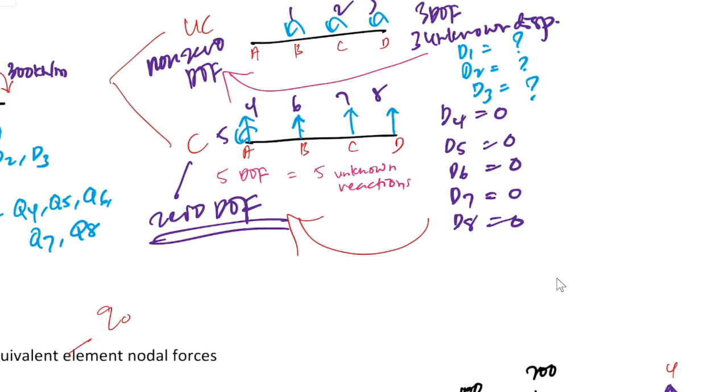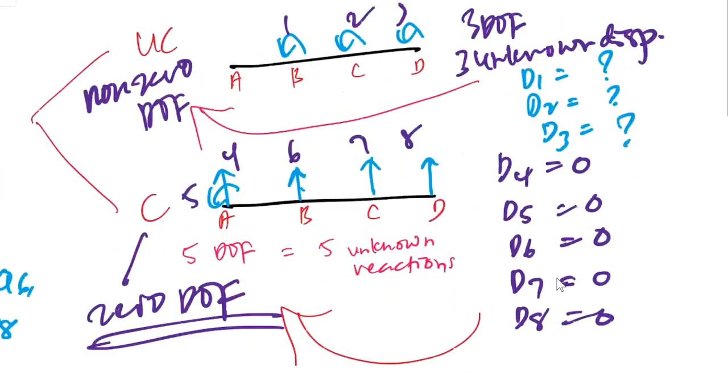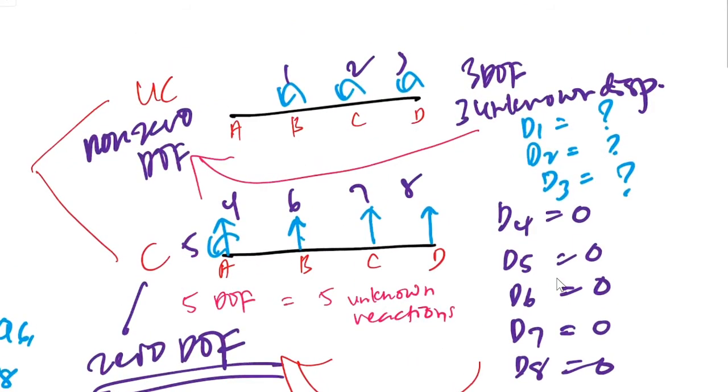Q1 is the moment at B, Q2 is the moment at C, Q3 is the moment at D.